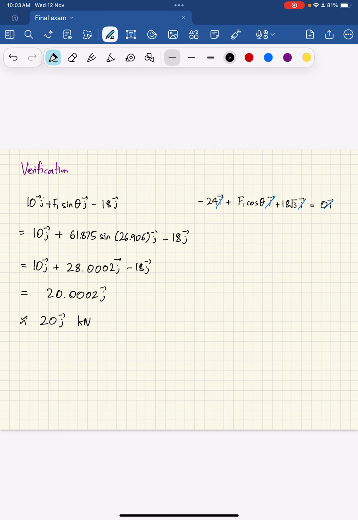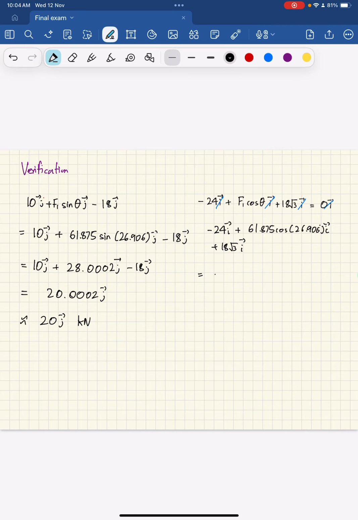So in this case we got negative 24i, okay, plus 61.875 cos 26.906 i plus 18 root 3 i, okay, equals how much?